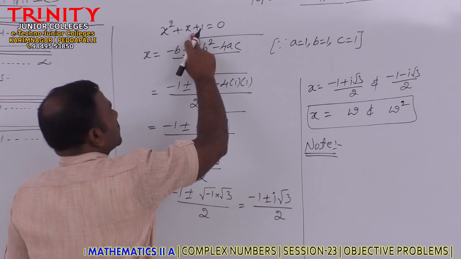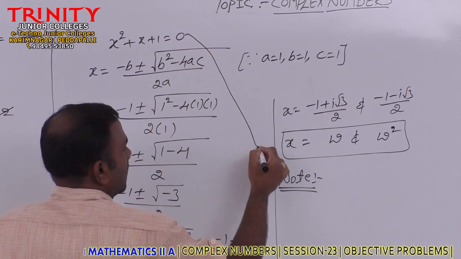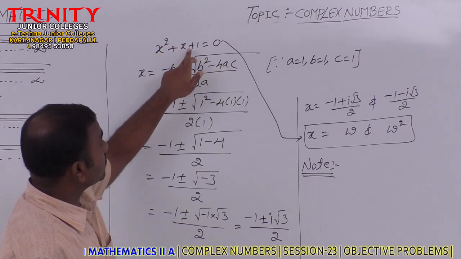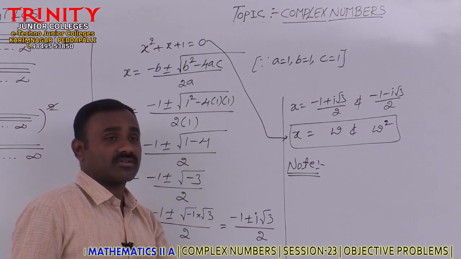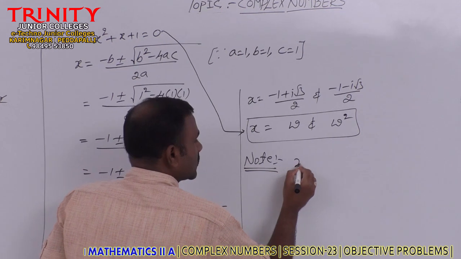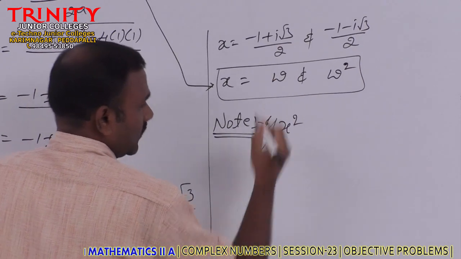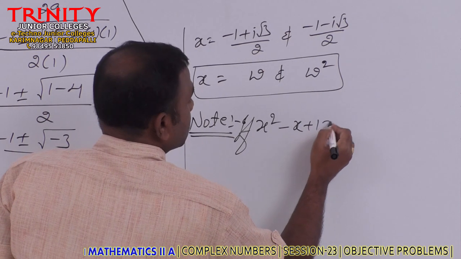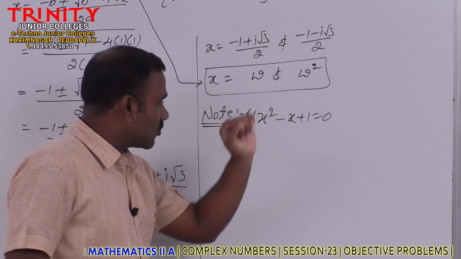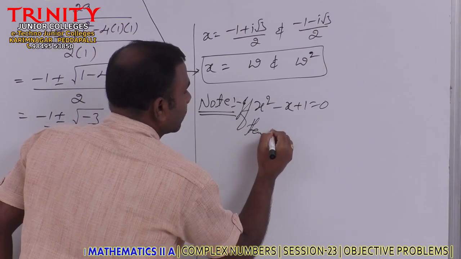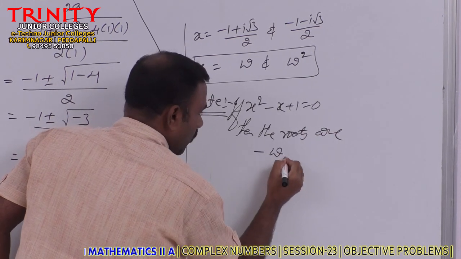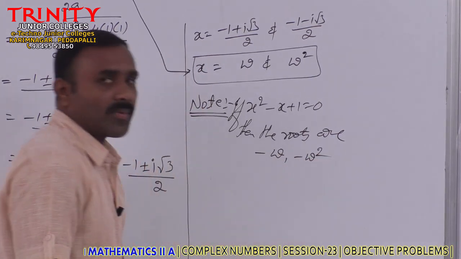If x square plus x plus 1 equal to 0 is a quadratic equation, then the roots are omega and omega square. Similarly, suppose x square minus x plus 1 equal to 0, this is also a quadratic equation, then the roots are minus omega and minus omega square.